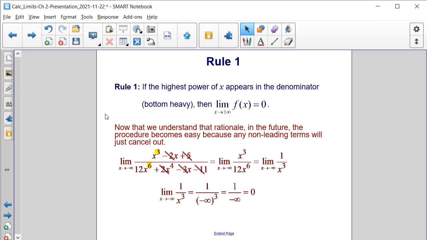Now that we understand that rationale, in the future, the procedure becomes very easy because any non-leading terms will just cancel out or approach 0 at a much faster rate than the leading terms.